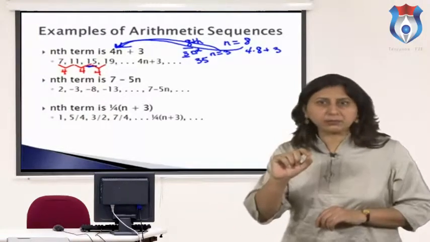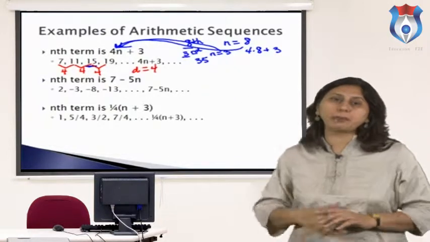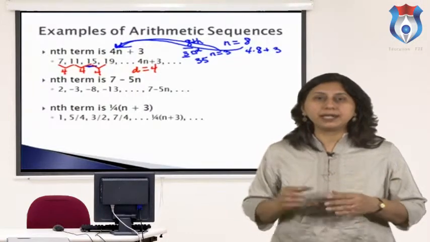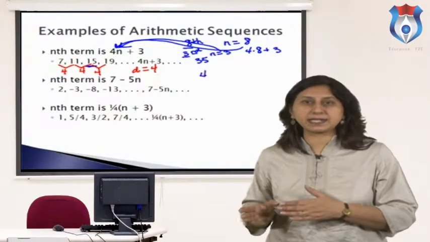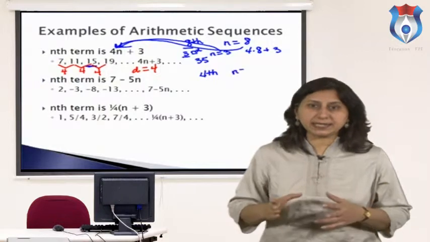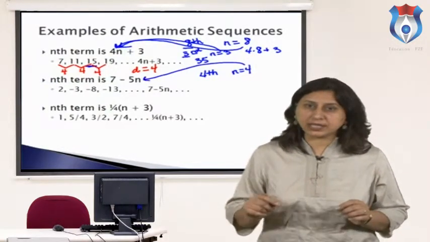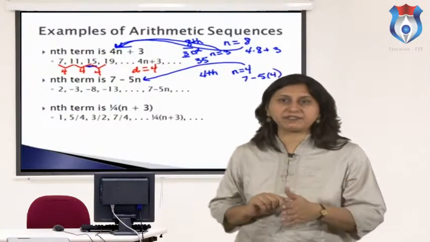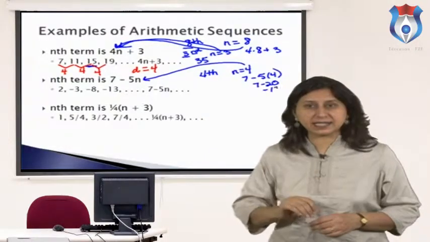The nth term of an AP. Let A be the first term and D be the common difference. Then the first term u1 is equal to A, the second term u2 is equal to A plus D, and the third term u3 is equal to A plus D plus D, which is A plus 2D. The fourth term u4 is equal to A plus 5D plus D, which is A plus 6D.